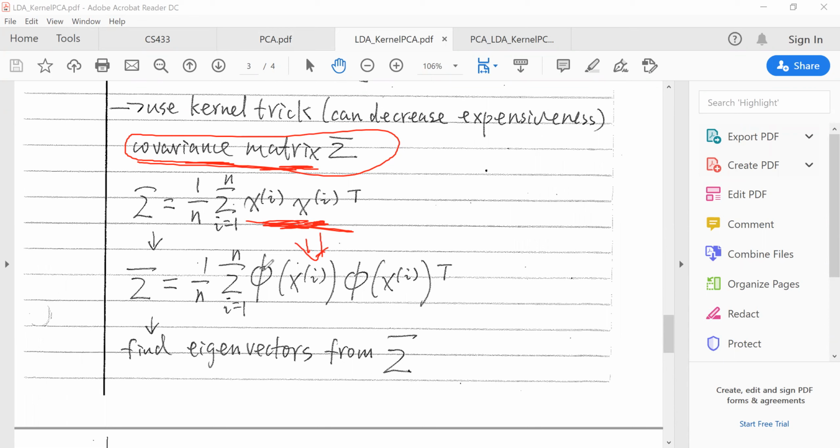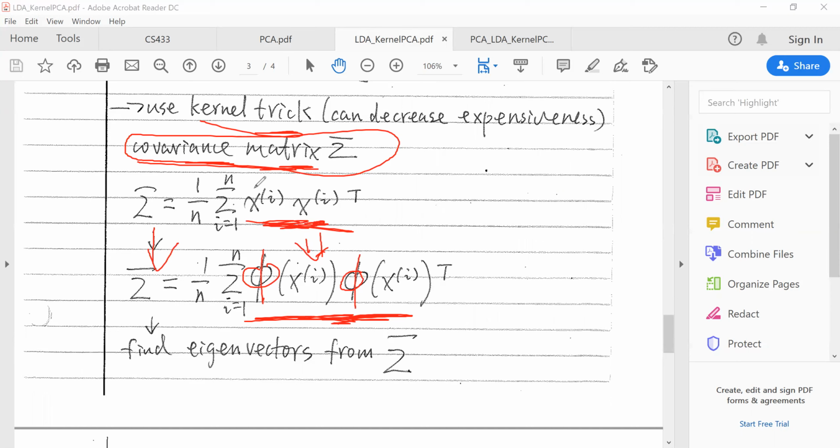So here, you apply the kernel trick, so you can convert the covariance matrix of the original feature space to this new calculation of your covariance matrix.